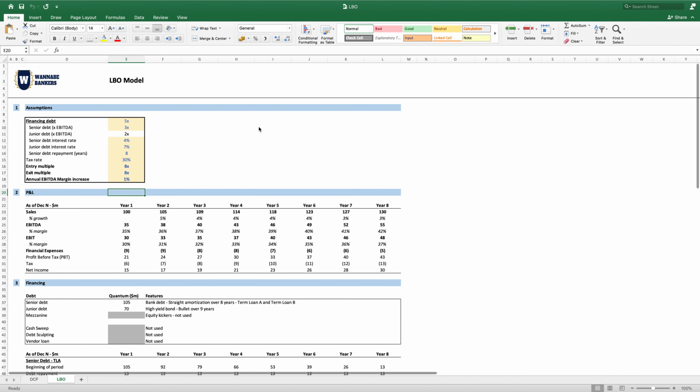So the second block is the P&L, so it's a fairly standard P&L with sales, EBITDA, EBIT. And the only thing which is new here is the financial expenses. If the LBO is well set from a tax perspective, in most jurisdictions, if the conditions are reached, you can deduct the financial expenses of the LBO debt from the P&L of the target company, which would result in debt tax shields.